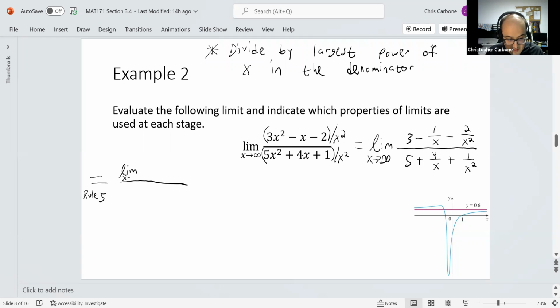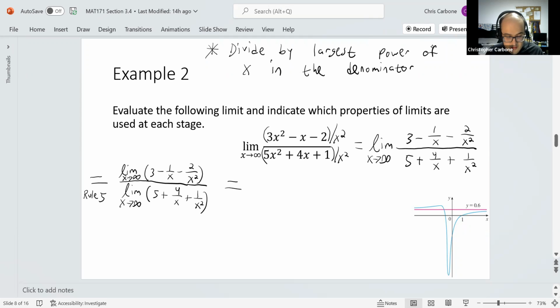So the limit as x approaches infinity of 3 minus 1 over x minus 2 over x squared, divided by the limit as x approaches infinity of 5 plus 4 divided by x plus 1 over x squared.